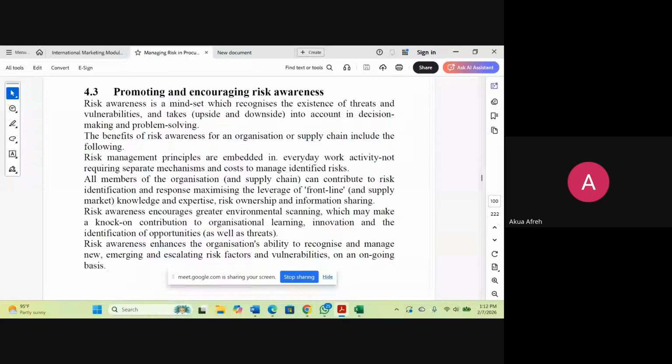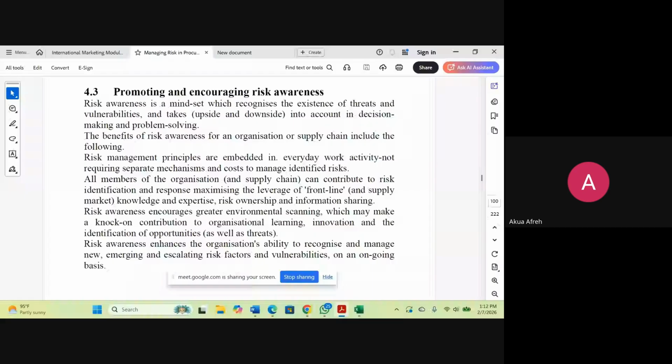How do we do that? What is risk awareness? Risk awareness is about employees understanding risk in whatever tasks they are doing.